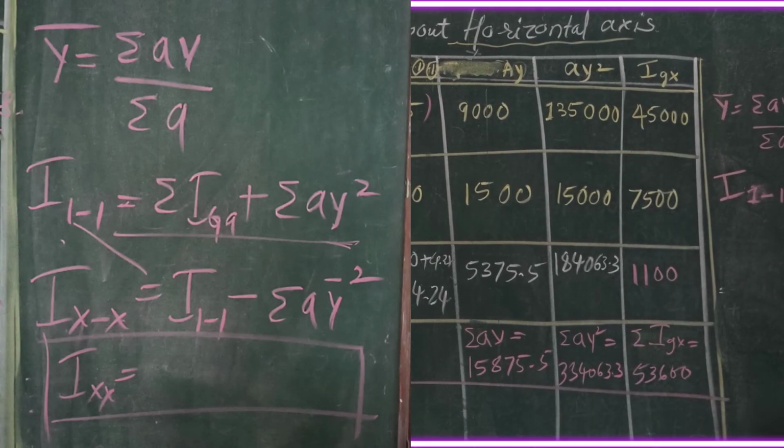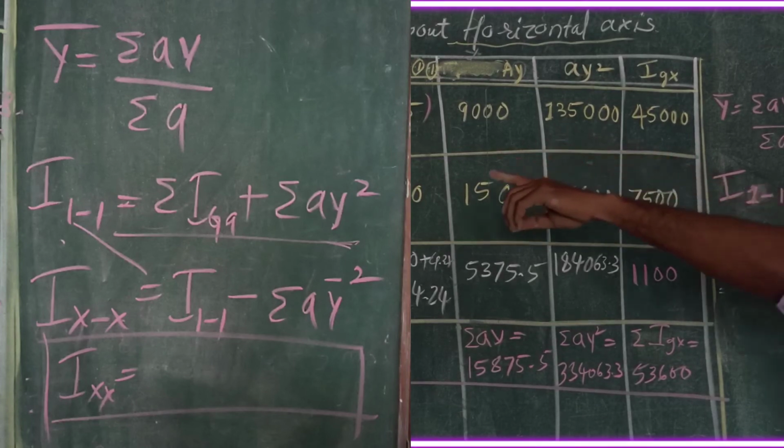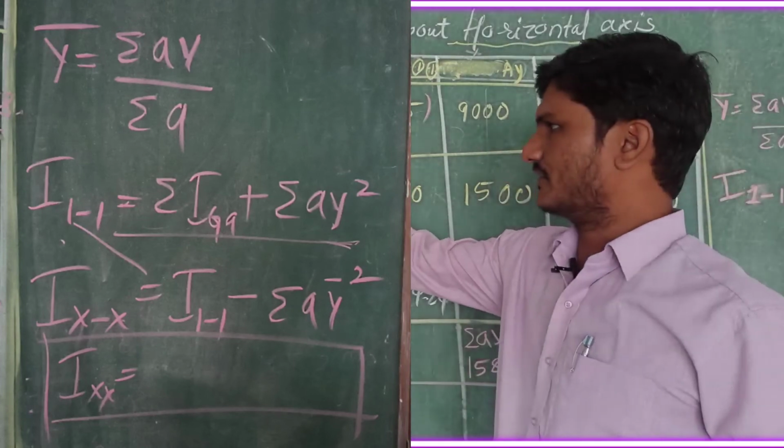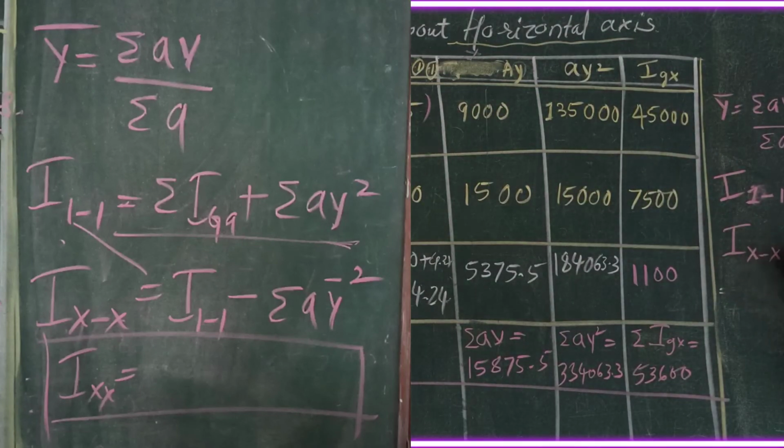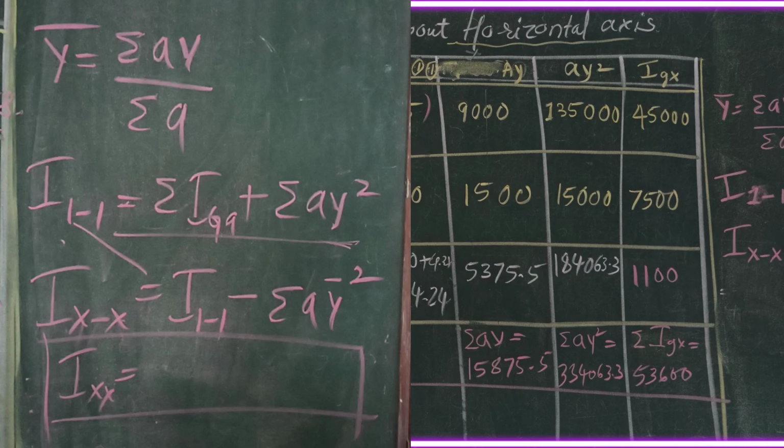Okay, so you will get the moment of inertia along the reference line 1-1, and the third one you need to calculate is the moment of inertia along the x-axis. This is equal to the moment of inertia about the horizontal axis 1-1 minus the sum of area into y bar square.